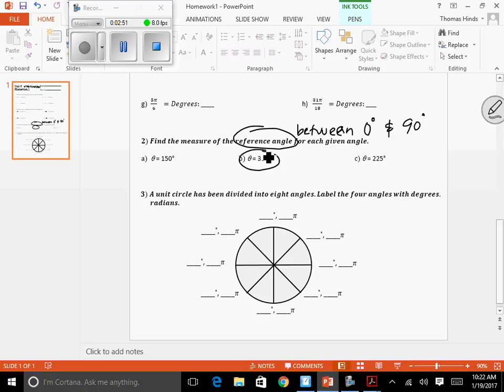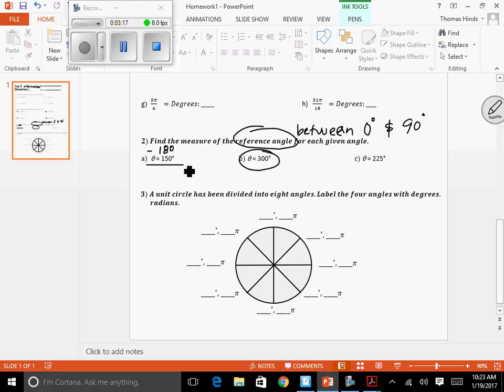Now, because there are only 3 of them, once I do this first one, there's not a second version of that one. Once I do the set up the second one, technically you only have one that you're doing kind of on your own. So here's what I mean. Because this number here is less than 180, I just go 180 minus that degree, and the answer is the reference angle. Right? So pencil pen out to write on the calculator.